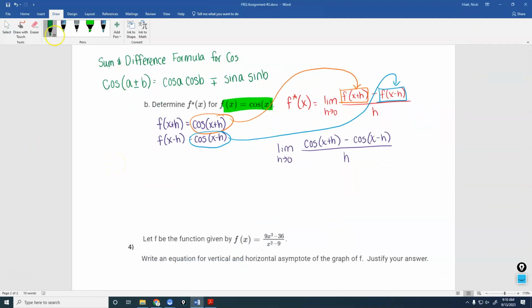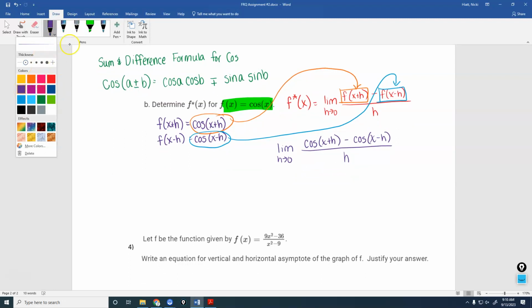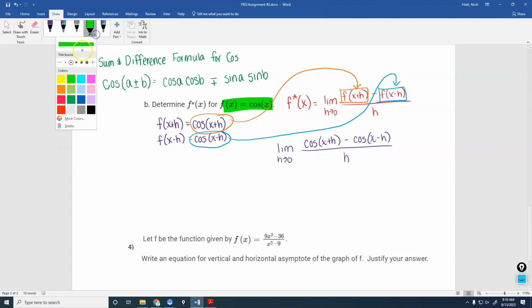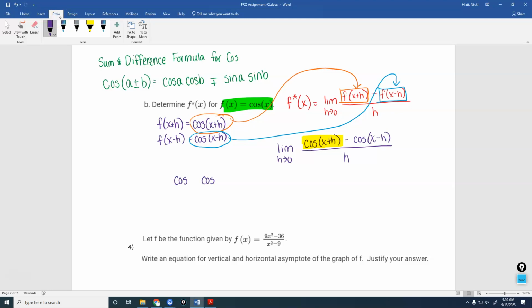So what that means for this, and this is going to be a long thing whenever we write this out, is we've got to use that formula for these pieces right here. So cosine x plus h is cosine, cosine, sine, sine. We put an x here and h here.